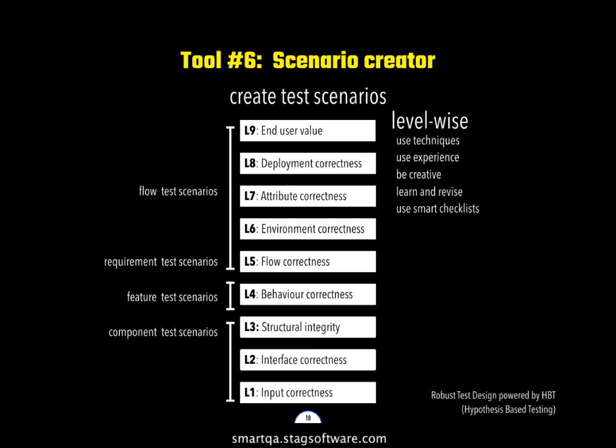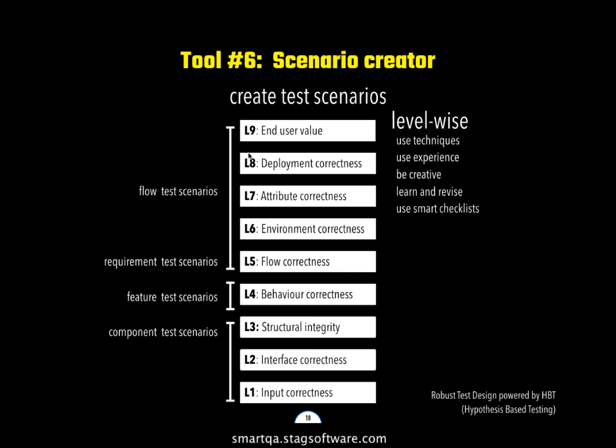So in this tool, Scenario Creator, the objective is to create scenarios. A good suggested practice would be to organize these scenarios into various entities. Obviously, we know that we have component level scenarios, feature level scenarios, and so on. So what do these levels 1, 2, 3, 4 up to 9 mean?